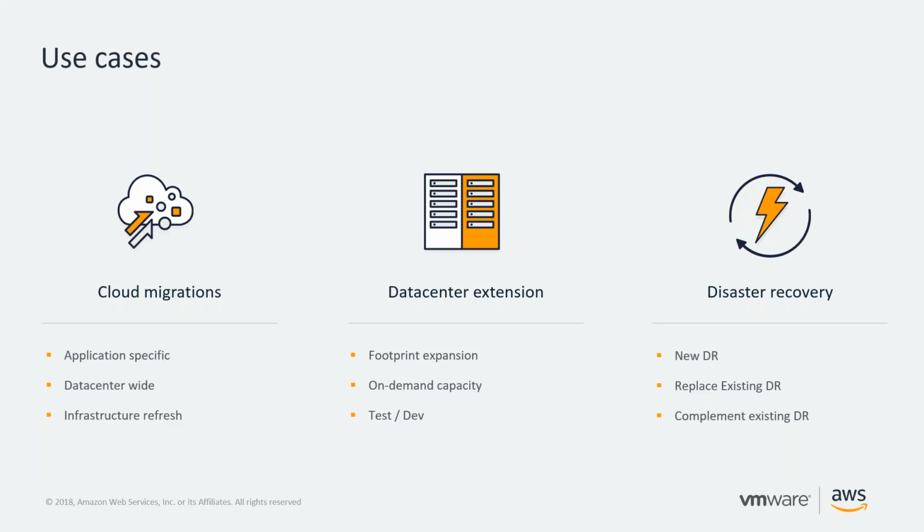The third use case that we see is around DR, disaster recovery. What this allows our customers to do is have a DR site where they have minimal hosts, but that can spin up additional hosts very quickly if needed.